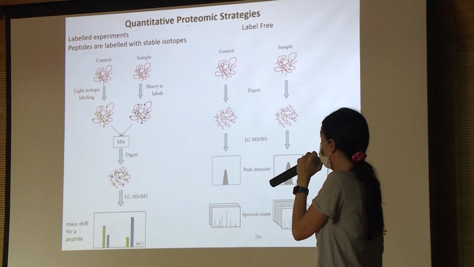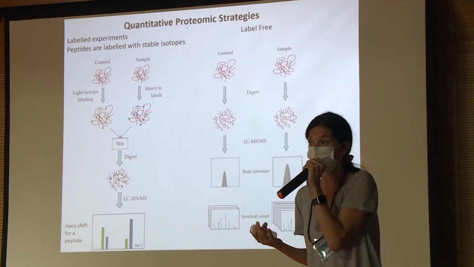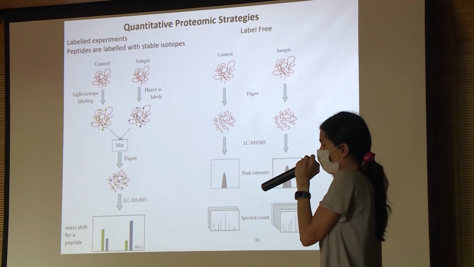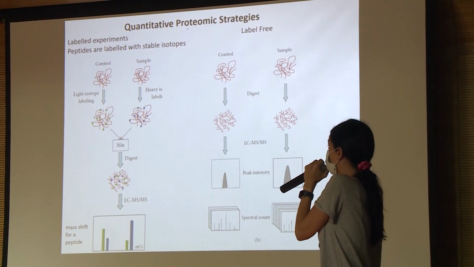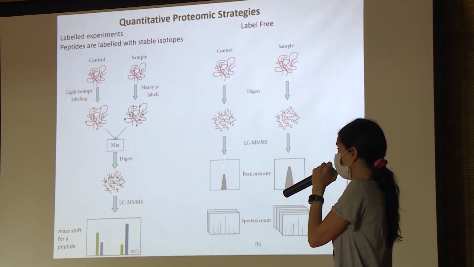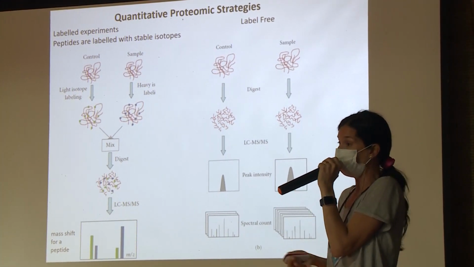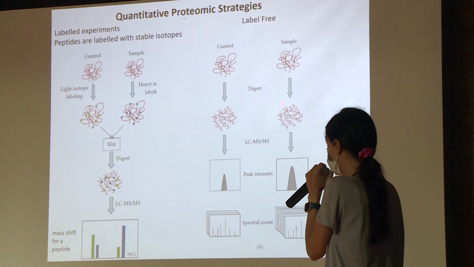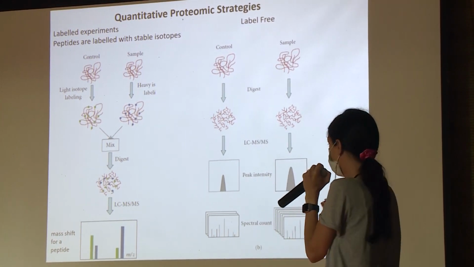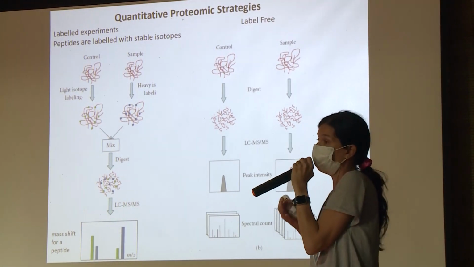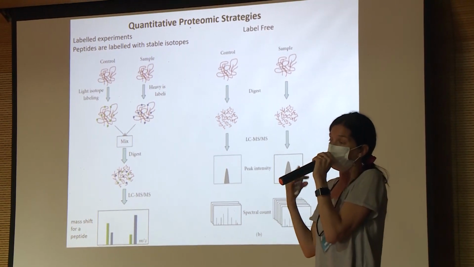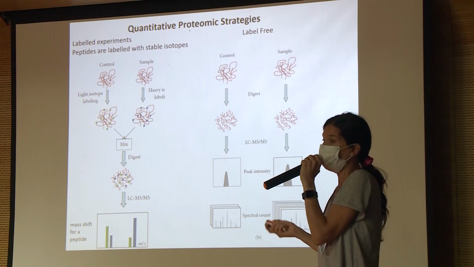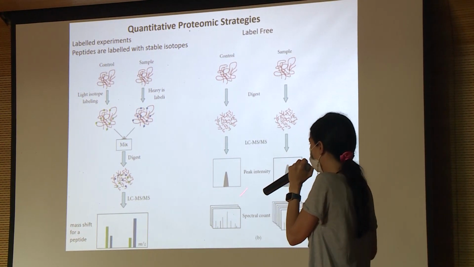We also have label-free quantitative proteomic techniques, which are up and coming, and they're growing and growing more every time. In this case, of course, since we don't label or tag the samples, we can never ever mix them, so we have to work in parallel, and that's the biggest drawback of this technique, because instrument performance may vary constantly, so it's something that you need to be checking all the time.